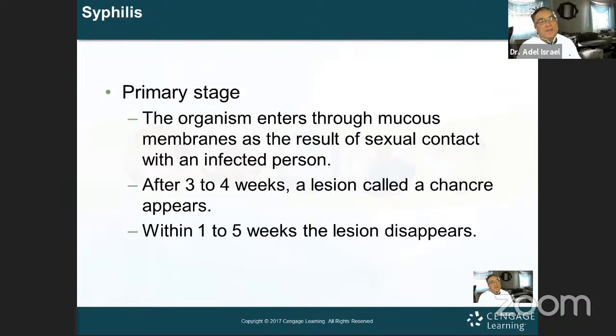Syphilis is another sexually transmitted disease and mainly a reproductive system illness. And it has many stages. People can get pregnant, and this will be transmitted to the baby. The baby is born with congenital syphilis if the mother already has syphilis.